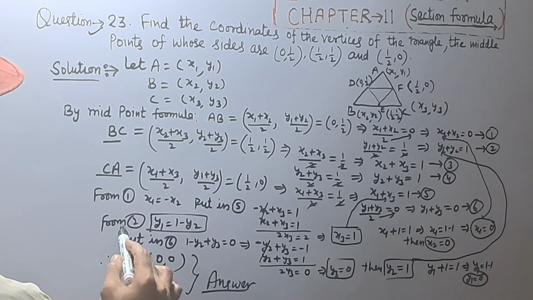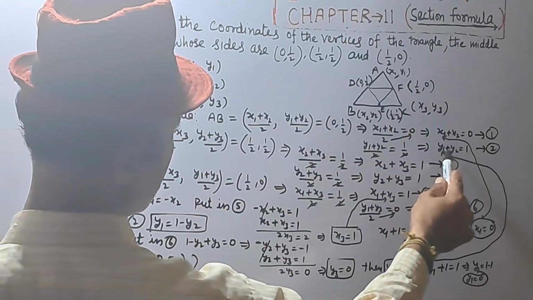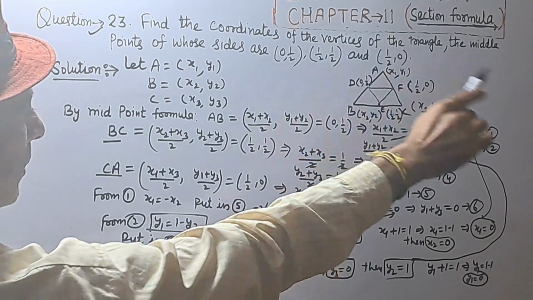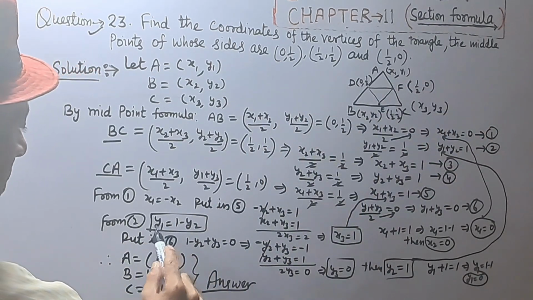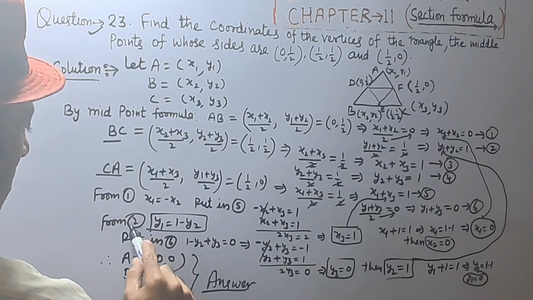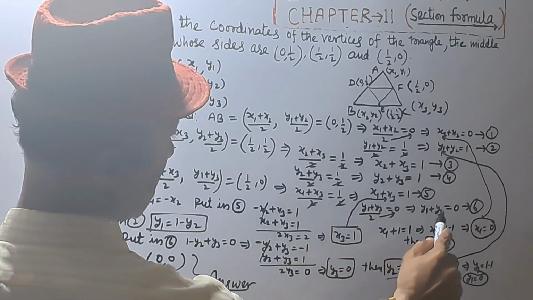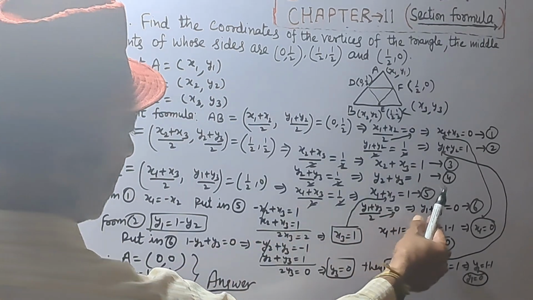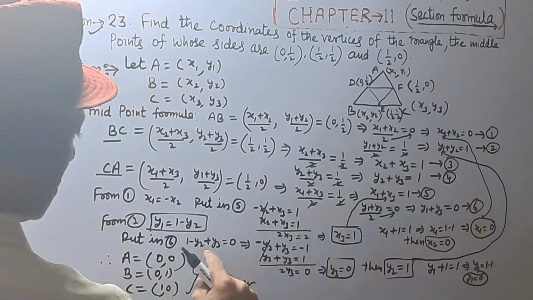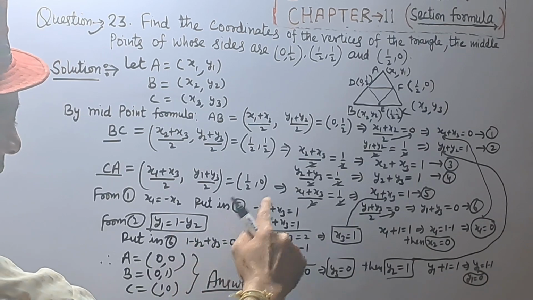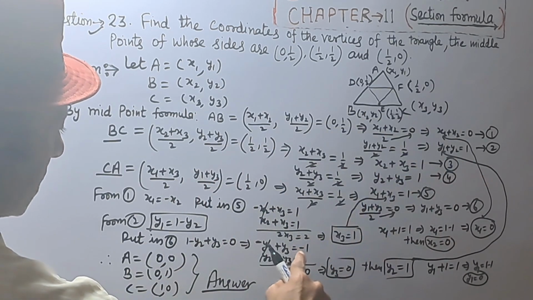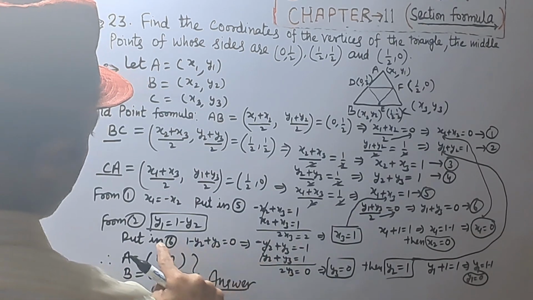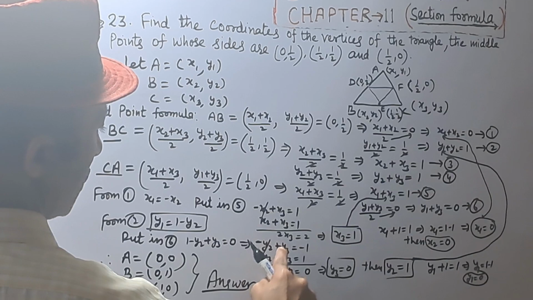And from equation second, y1 plus y2 equal to 1 and y1 is equal to 1 minus y2, and we are putting equation second in sixth equation. 1 minus y2 plus y3 equal to 0, minus y2 plus y3 equal to minus 1, shifting the 1 to the right side.